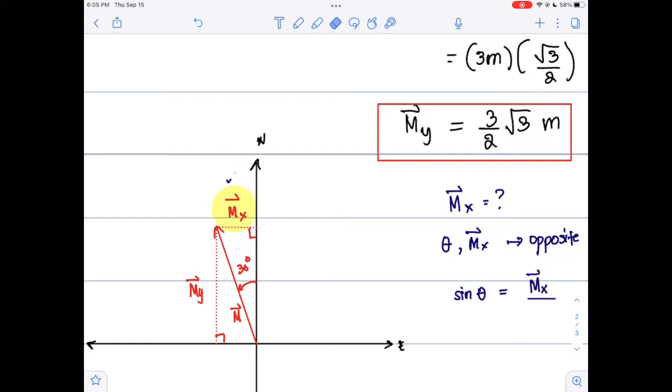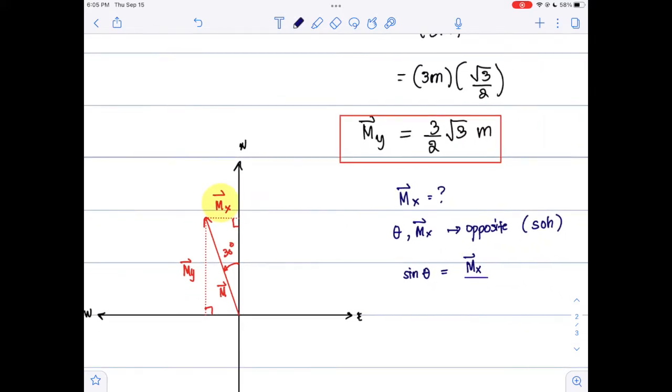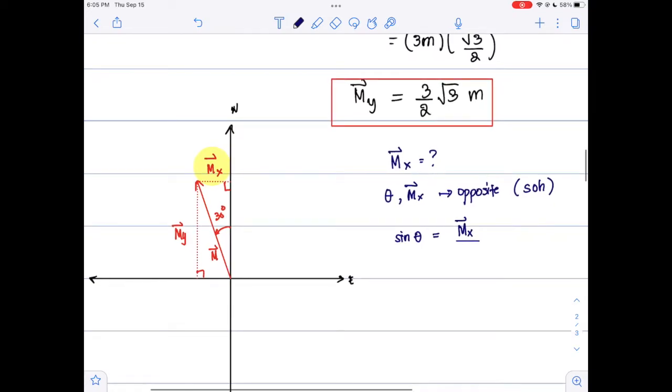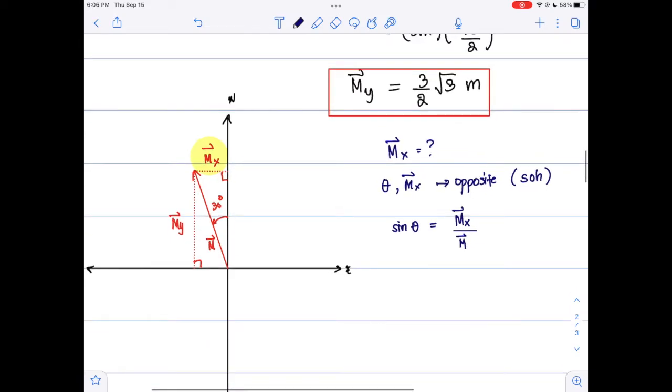In this case, you have two right angles, but they are facing each other. So that tells you, without any shred of doubt, that your hypotenuse is the vector itself. I'm just going to rewrite that: m sub x is equal to my vector m sine of theta.